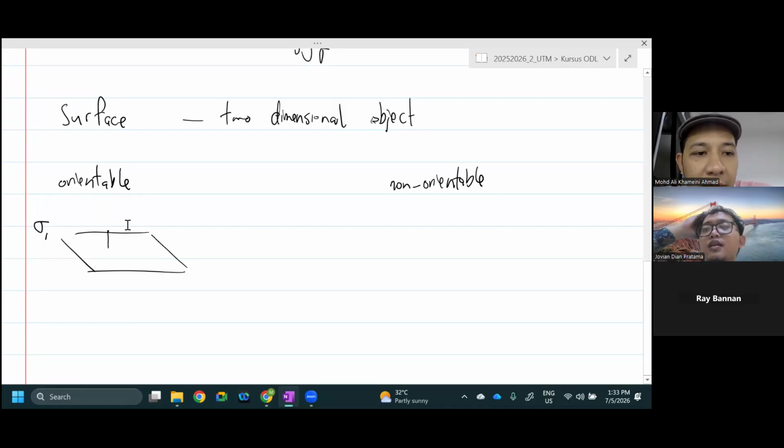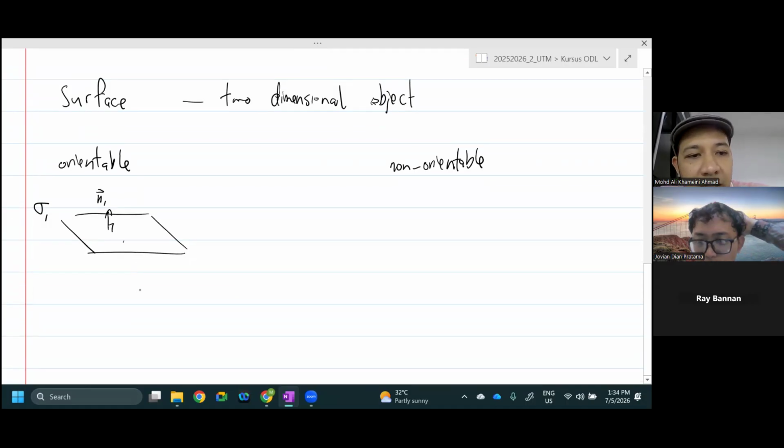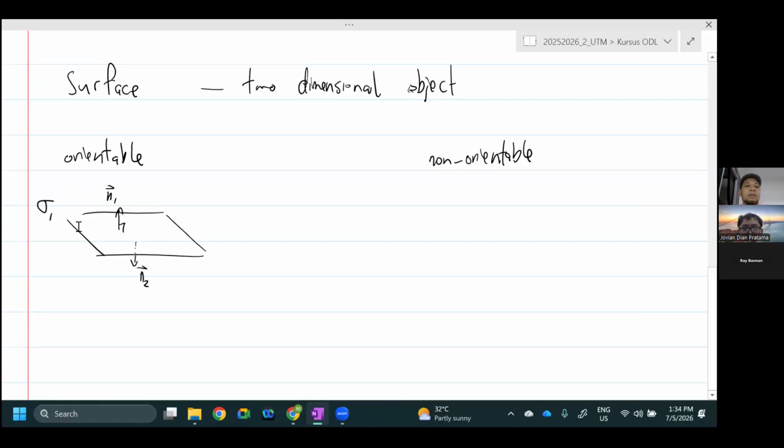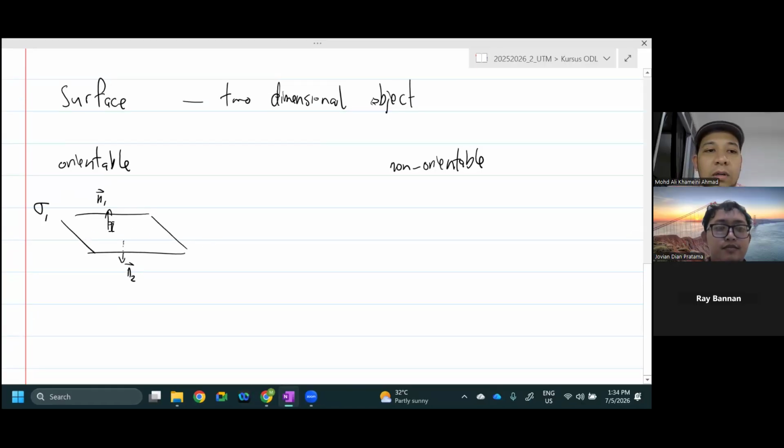Every surface you can orient with a unit normal. So you can have the normal going up here, that is one direction, and another going down there, that is two. So you have two kinds of unit normal, or direction, that you can assign to the surface, either going up or going down.